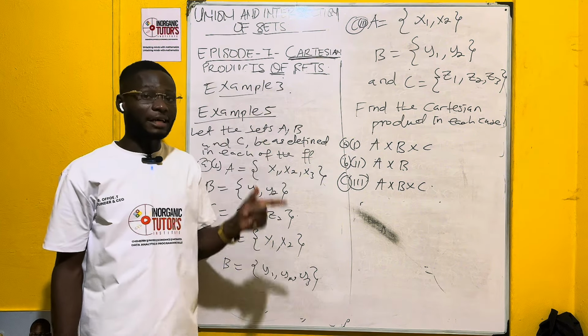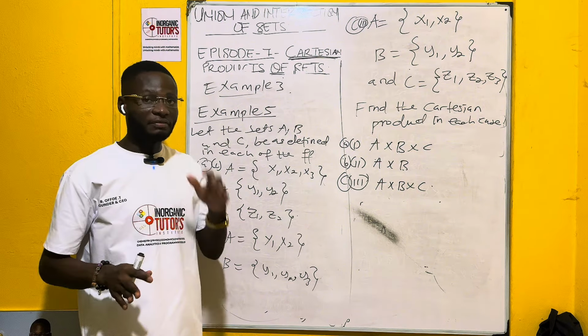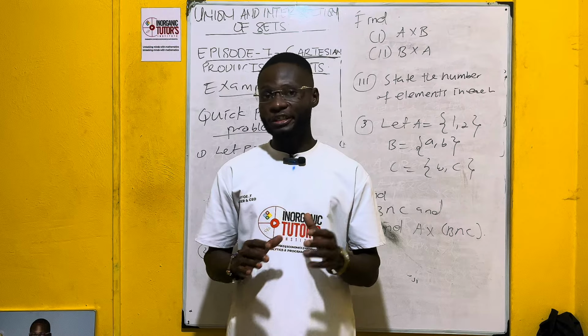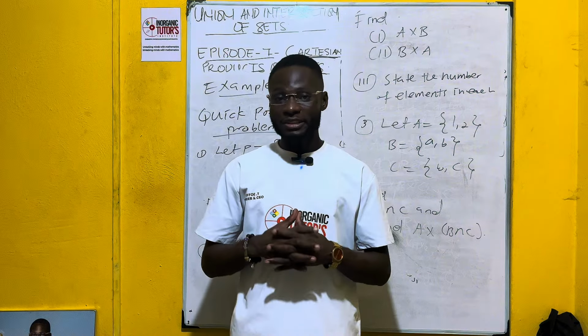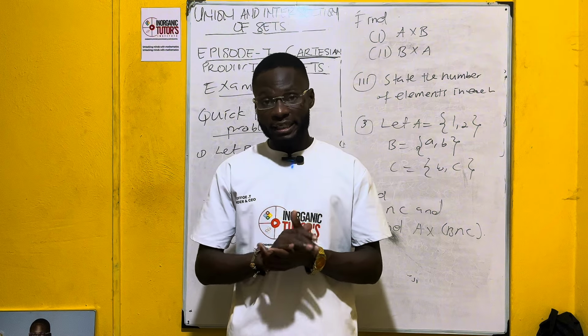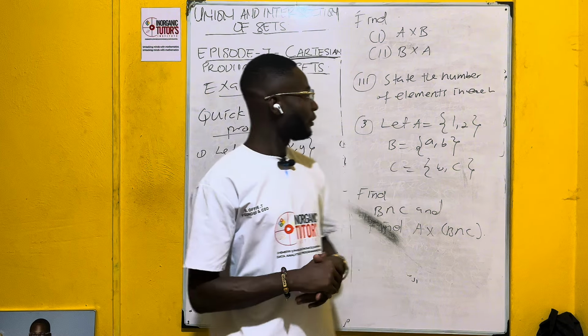And I'll give additional quick practice problems so that you add it to it. You do it, you leave your answer at the comment section. Okay, so I'm going to leave question number 5 to you. Give it a try. Leave your answers at the comment section, right?